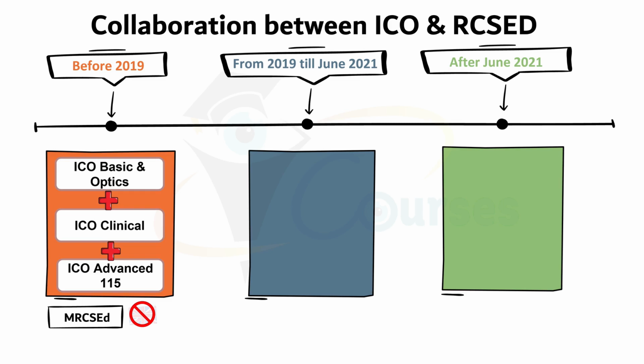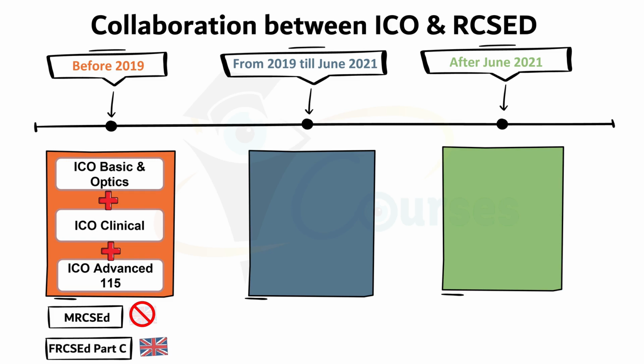So those who cleared the ICO exams before 2019 will have the membership, but they will not be eligible for GMC registration or to work in the UK. However, they can still apply for the Part C of the Royal College of Surgeons of Edinburgh, and if they pass Part C, then they will be eligible for GMC registration.